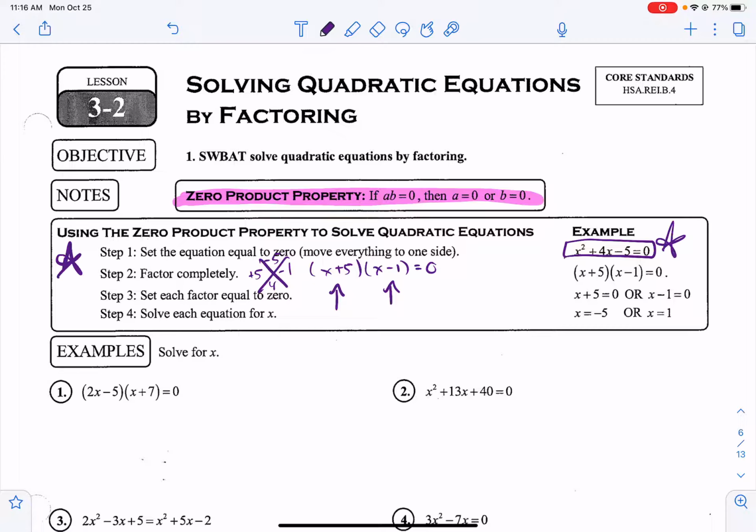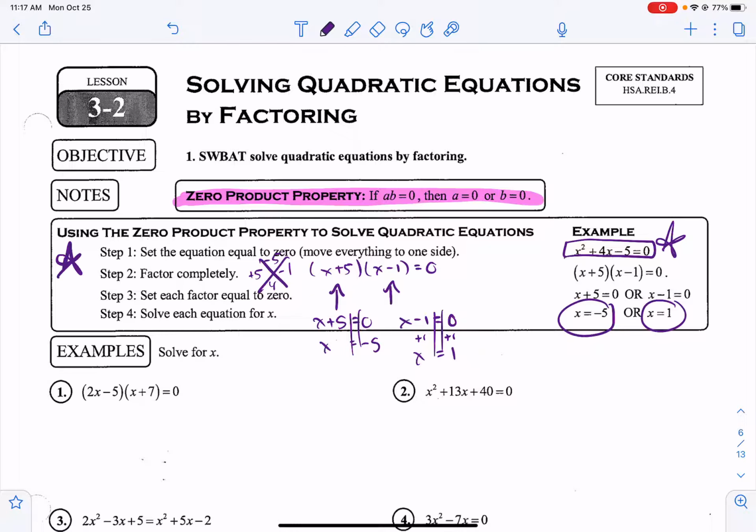That means either one of them can be the 0. So I set them both up to equal 0. So x plus 5 equals 0. I do my railroad tracks. x equals negative 5. x minus 1 equals 0. I do my railroad tracks and add 1 to both sides. x equals 1. So my two solutions are x equals negative 5 or x equals 1.